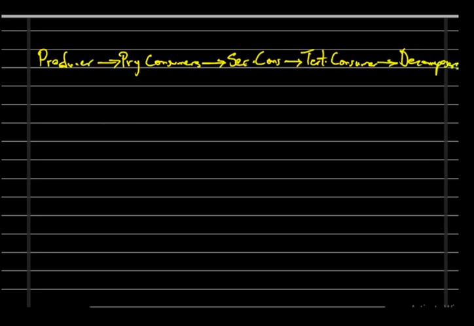So that is how the chain goes. So it is the primary consumers that feed on the producers. The producers are the grain plants.